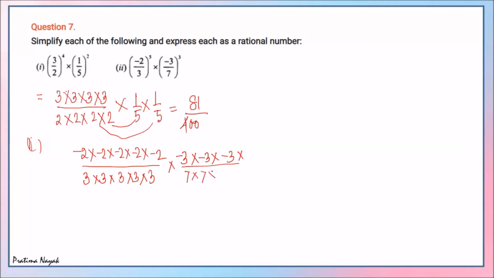Now can anything be cancelled? Common divisor? Yes, 3 will be cancelled. 3, here it will be minus 1. Then 3, here it will be minus 1. Another 3, it will be minus 1. And no more cancelling. Just multiply now.